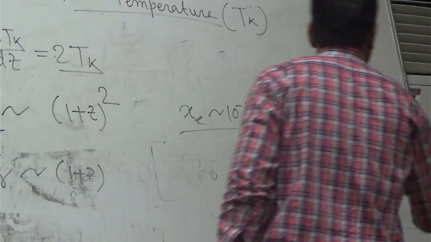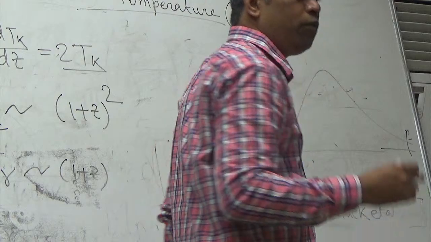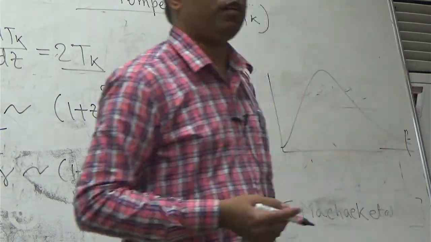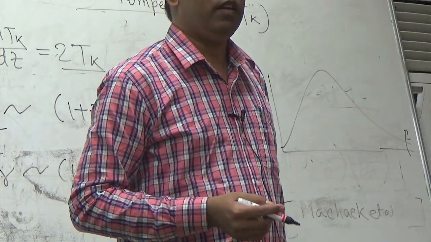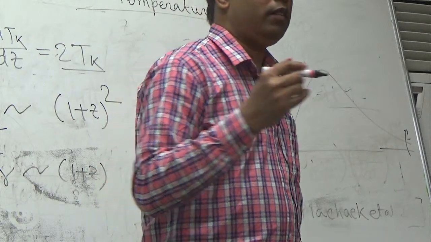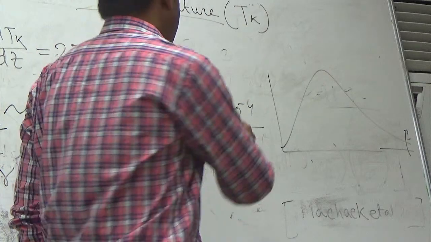So this radiation is like that. So you still have some very high energy photons, although they are less in amount, but you still have photons higher than 13.6. So those photons will create free electrons with this fraction.